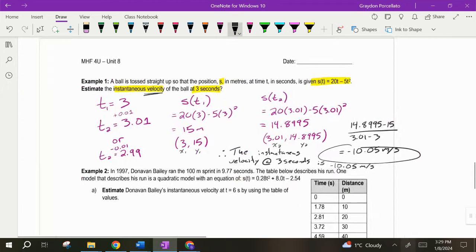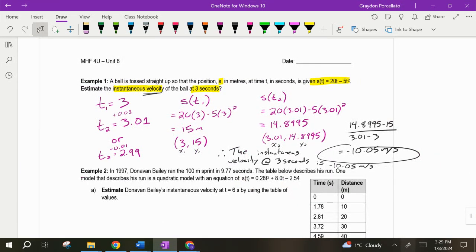So again, we're just picking a number. Our second coordinate is just very close to our first coordinate. We're just adding or subtracting 0.01.